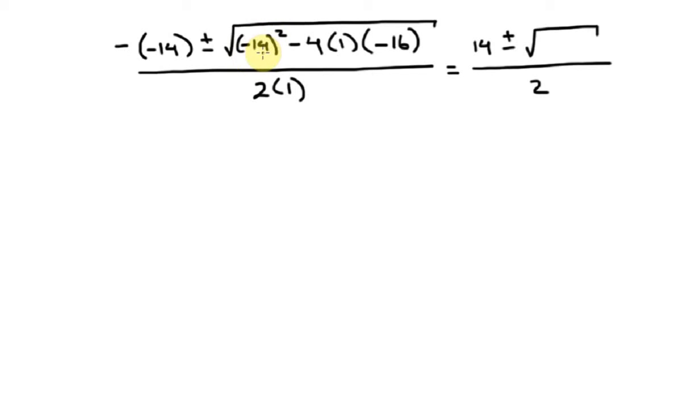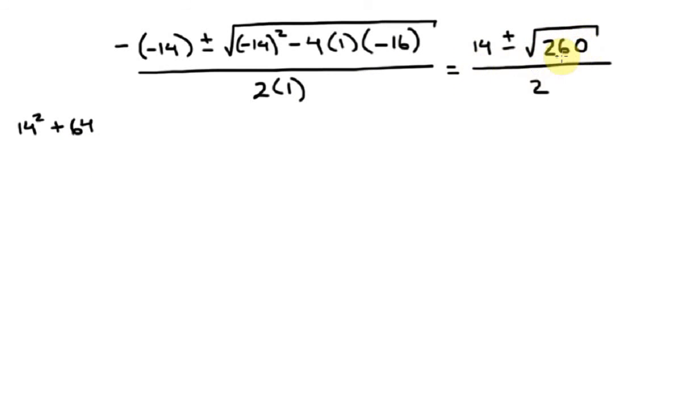We know it's going to go positive, so why risk a mistake from the calculator? In fact, here's what I would put in. I would put in 14 squared, then I see a negative and a negative, so I'm just going to go plus 4 times 16. Well, I know that's 64. So here's all I actually put in the calculator. And I got 260 when I did that.